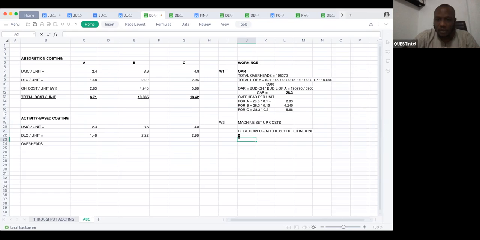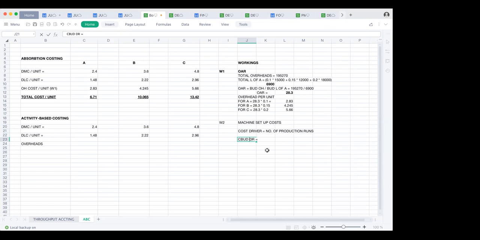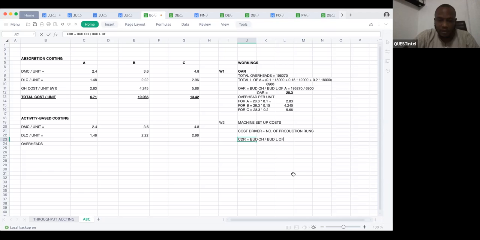Now, the next thing to do is what's our cost driver rate? Our cost driver rate is still the same: budgeted overhead divided by budgeted level of activity. All right, so what's our overhead now? What did you say, 26,550, Abby? Yes, sir. And then the budgeted level of activity.